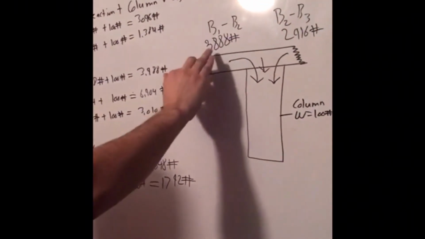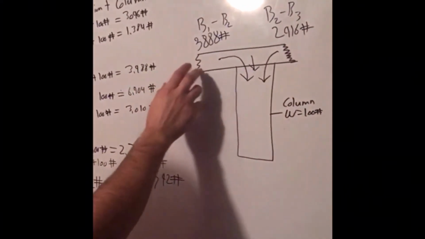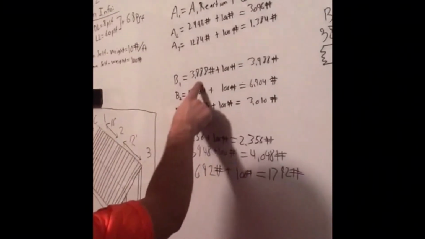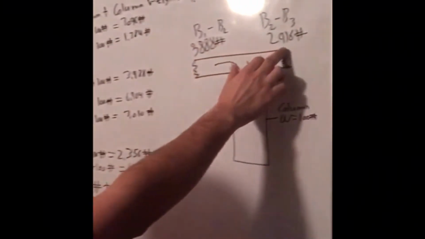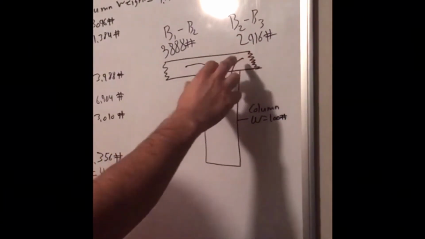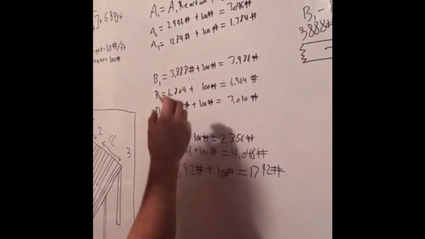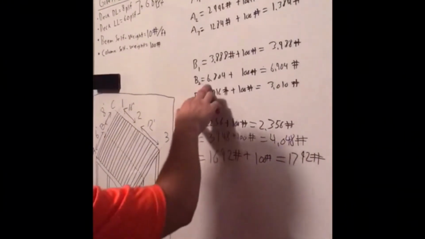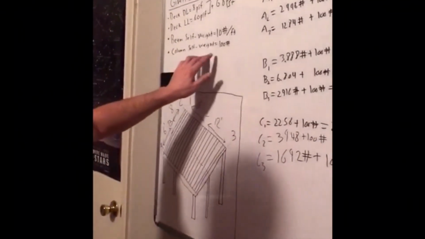So to do that, we'll take B for example. From B1 to B2, remember we said it was 3,888 pounds. You're going to want to add that to the reaction we got from B2 to B3, which was 2,916 pounds. And once you add those two together, before you add the 100 pounds, you're going to get 6,804. And then remember, we have to add the column self-weight of 100 pounds.